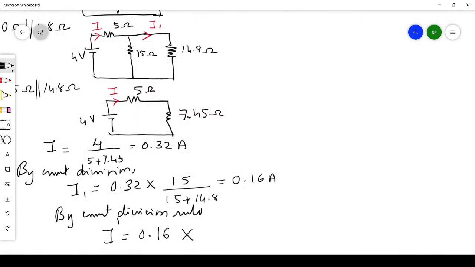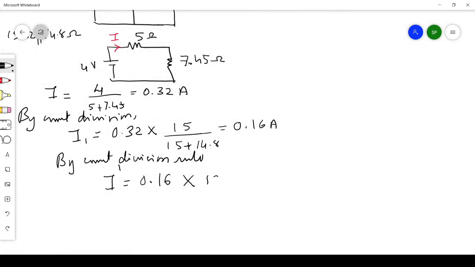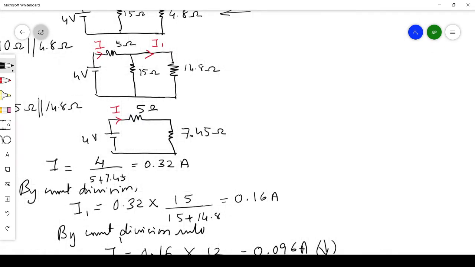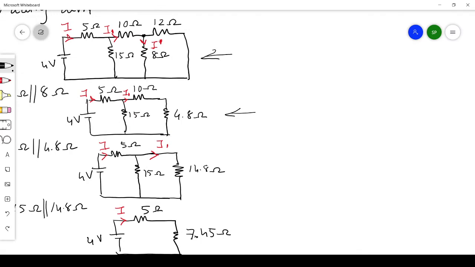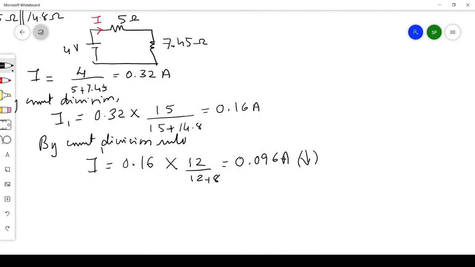So it is 12 divided by 12 plus 8, and the answer is 0.096 amperes. The current direction is downwards because you assumed it in this direction, and you got a positive answer, which means the assumed direction is correct.